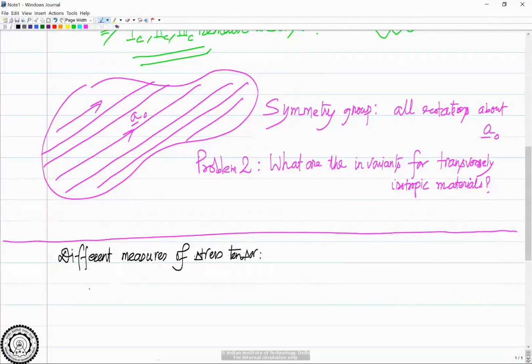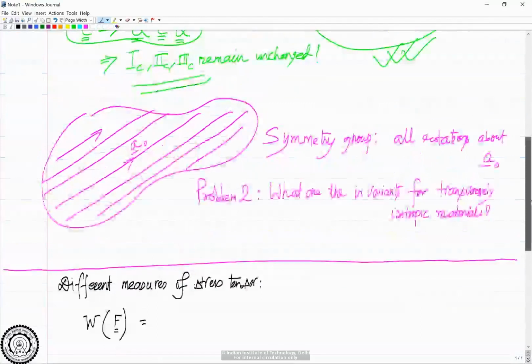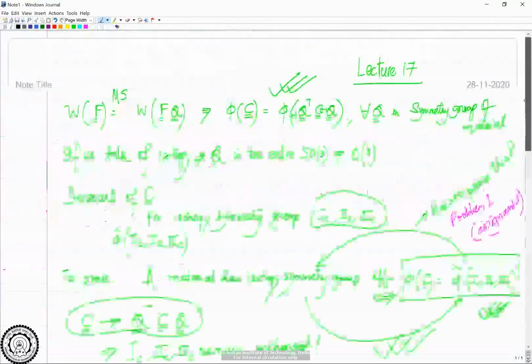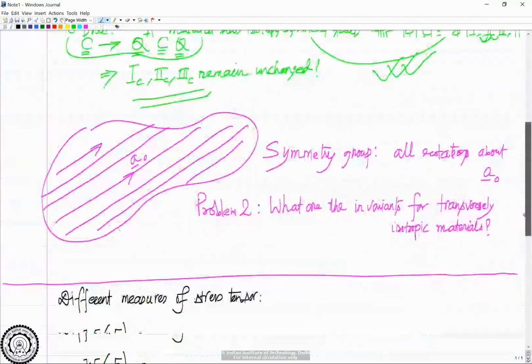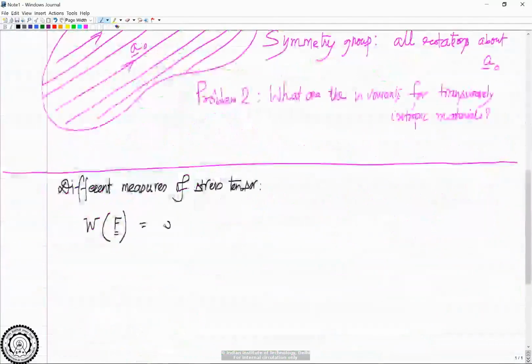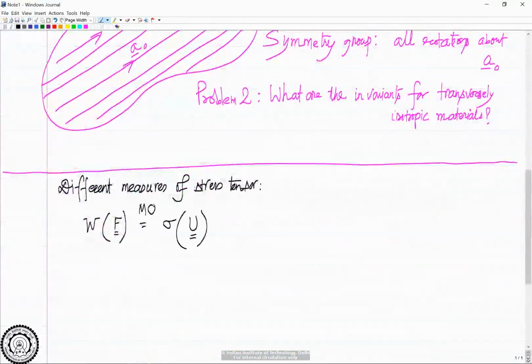Okay, so you remember we said W is a function of big F. Then we used objectivity to say that there is a function sigma, perhaps, which is dependent on U, and that was due to material objectivity.